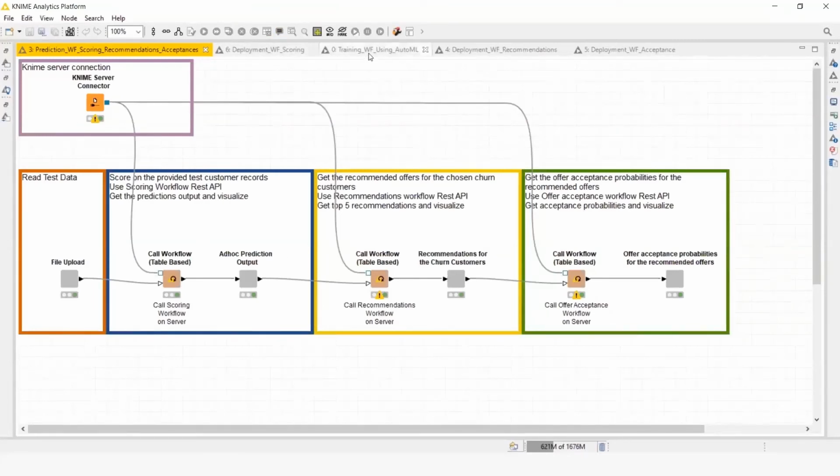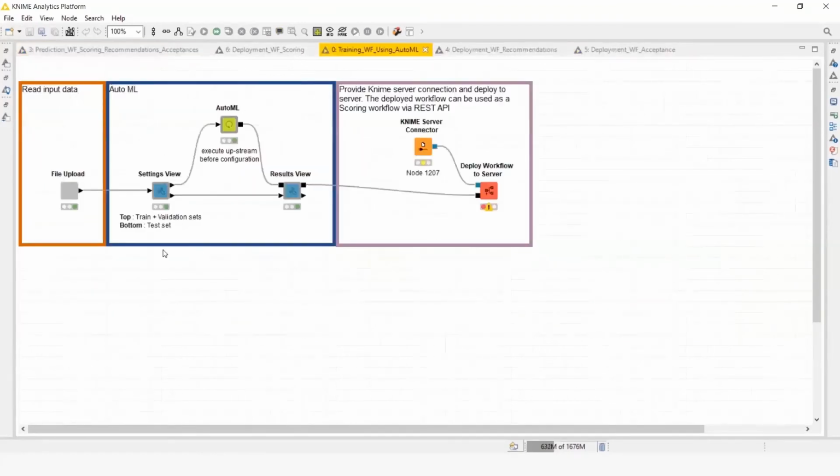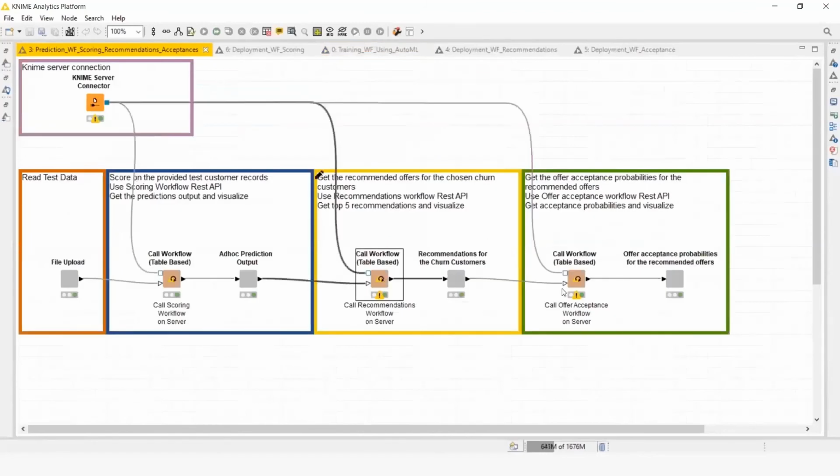And for each of them, you can actually see the workflows that we have in place. Now you can also see we have built the training workflow here, which basically generates the model, let's say for the churn prediction, and similar models are actually built in each of these workflows. Okay. And as you can see, all these things are GUI based and not a single line of code has been written to make this happen.